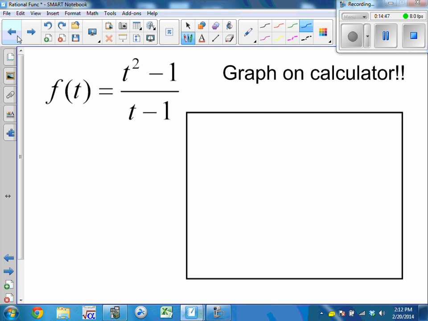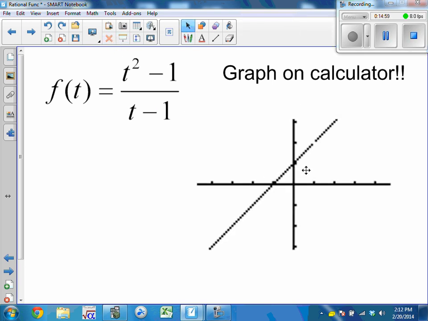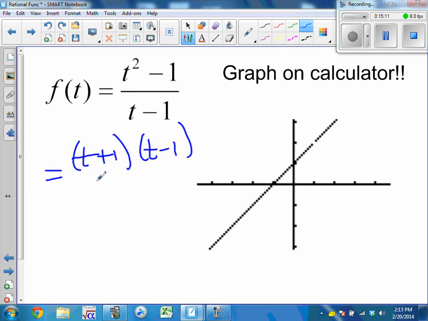Now I want to go back and talk about this one. Because if we looked at this one, t squared minus 1 over t minus 1, and we look at the graph, we say, well, there's no vertical asymptote. What happened to the vertical asymptote? Well, what happens on one like this is if we can factor, if you have a factor that makes the bottom and the top 0, they cancel out and they create a hole in your graph.